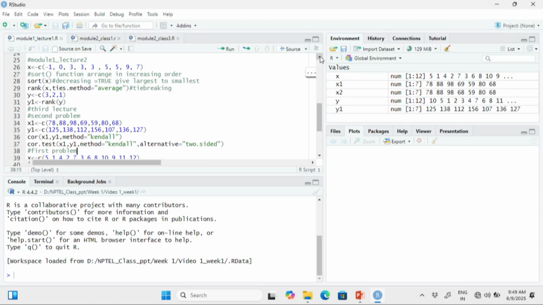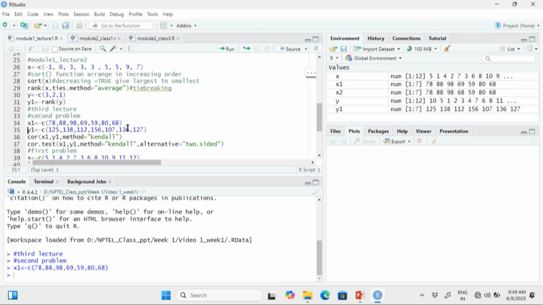First we will do the second example, the second problem. I have already written x1 as c(78, 88, 98, 69, 59, 80, 60). So, this is just the first observation stack, and the second variable stack is 125, 138, 156. So, let me run it.